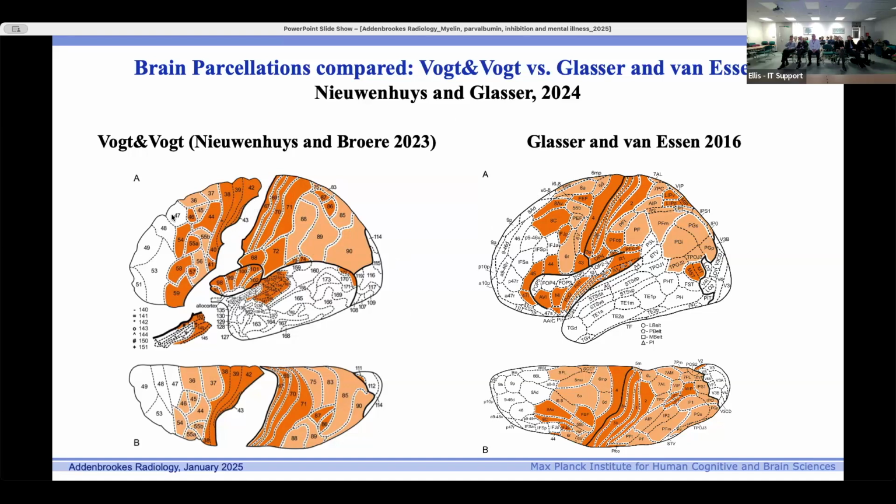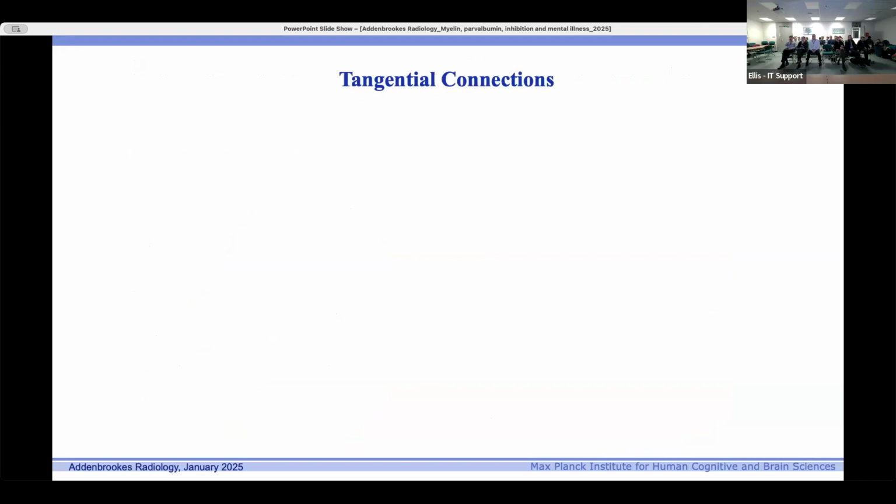This map was based on the work of Oscar and Cecile Vogt over 50 years in Germany. And of course, this is the map that was made using functional connectivity and a variable which has been called T1 over T2, which it isn't, but that's its name.